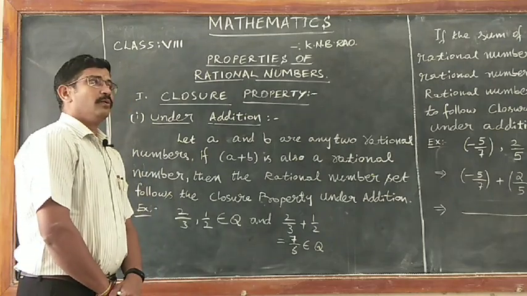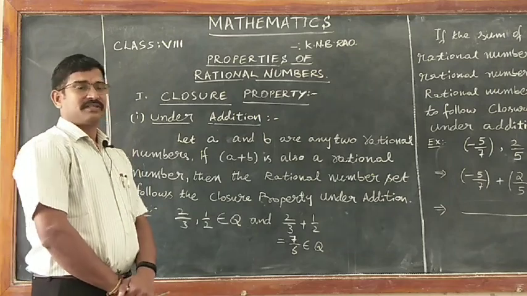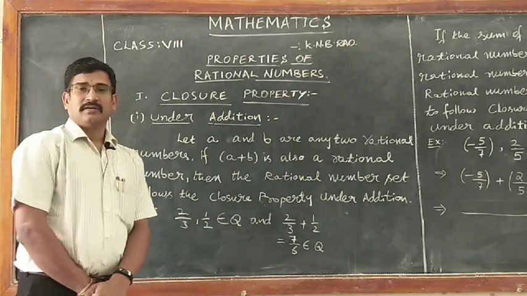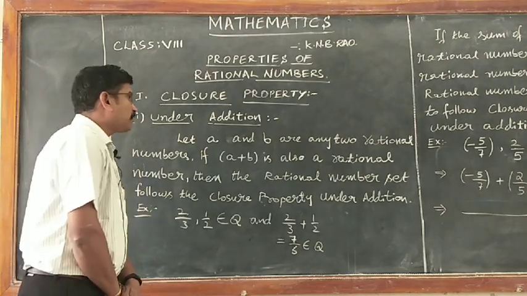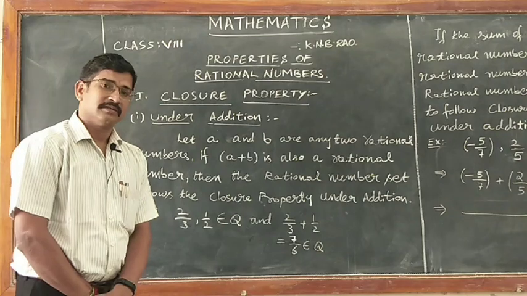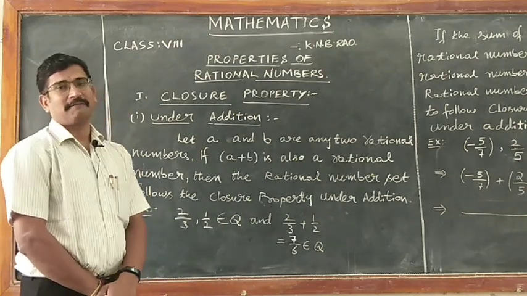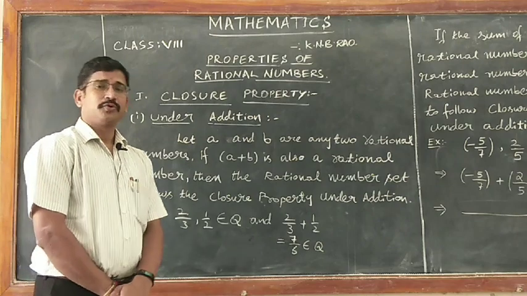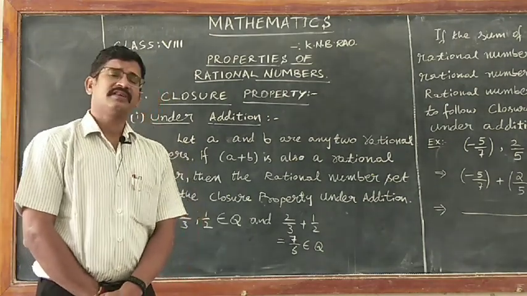Children, we need to know this definition. For subtraction, whether this closure property under subtraction is true or false, I asked you to do it on your own by taking various examples.